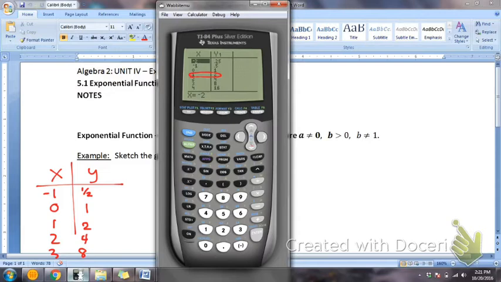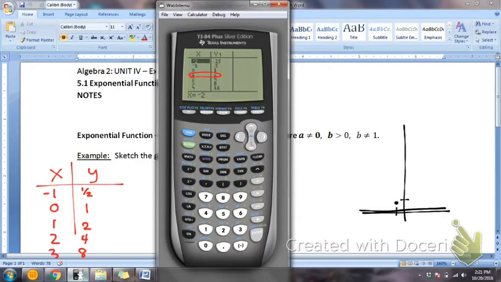So over on the other side, notice, are any of our y values 0? No. So I don't even need to go into the negative y's. I'm going to draw my x-axis pretty low. Then I'm going to plot these points. If I have negative 1 and then about 1/2, it's here.